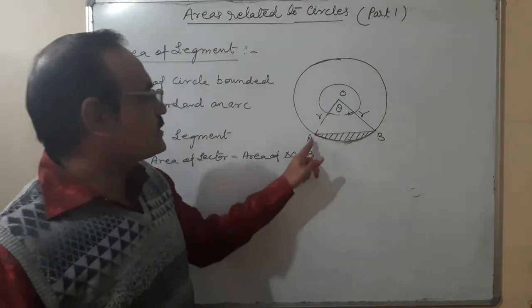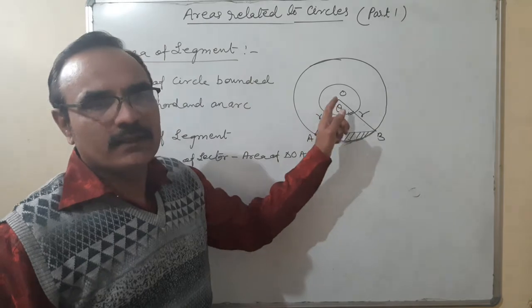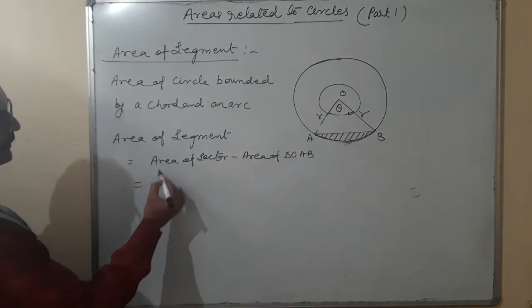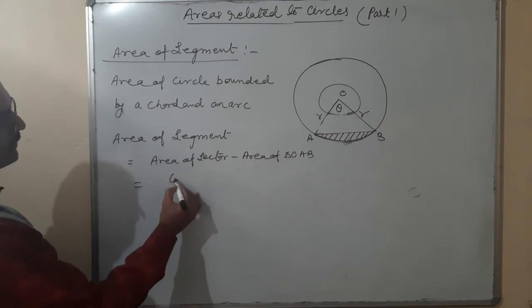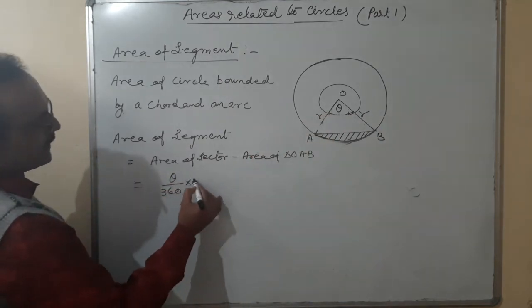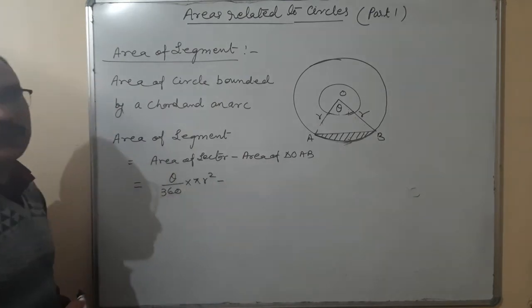I'll find the area of sector first, and from the area of sector I'll subtract the area of triangle OAB, then we are getting the area of a segment. Okay. The formula of area of sector, you know, is theta upon 360, if theta is the angle, pi r square, minus area of triangle OAB.